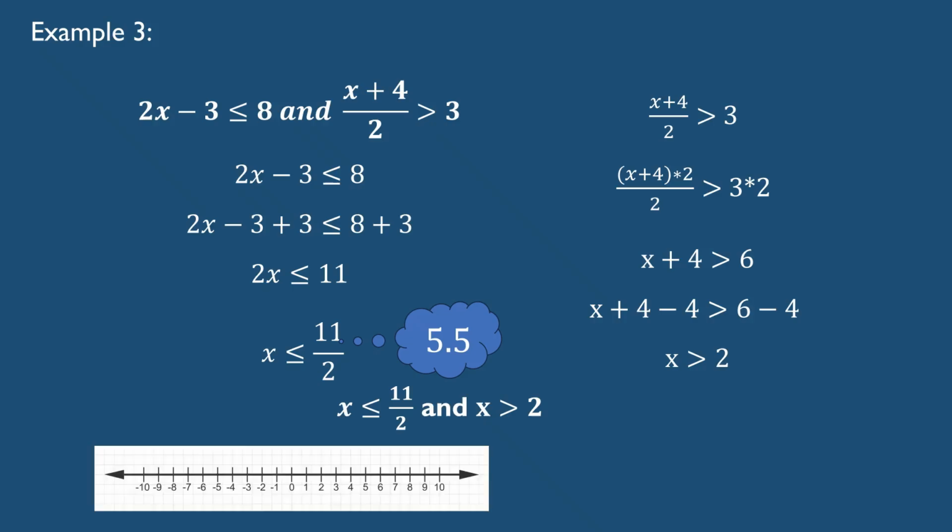To represent them on the number line, we need to have a closed circle on 5.5 and mark towards the negative side, and there will be an open circle on 2 and mark towards the positive side. So the solution will be the values common to both. The final solution will be x is greater than 2 and less than or equal to 11 over 2.